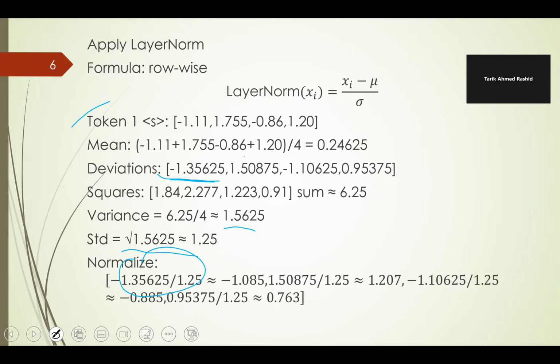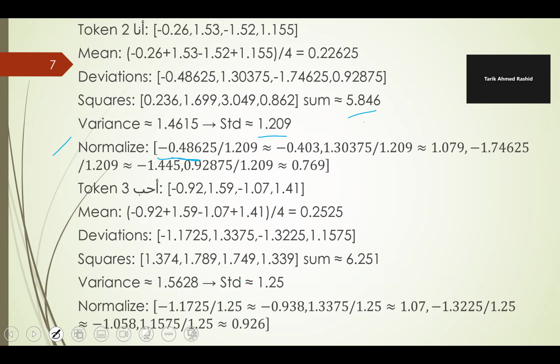Same thing, this deviation divided by 1.25, you will have the second result, and so on and so forth. So that's normalization for token 3 as well, same thing. We will get the mean, and we will get the deviation, which is every single feature minus the mean, squared.